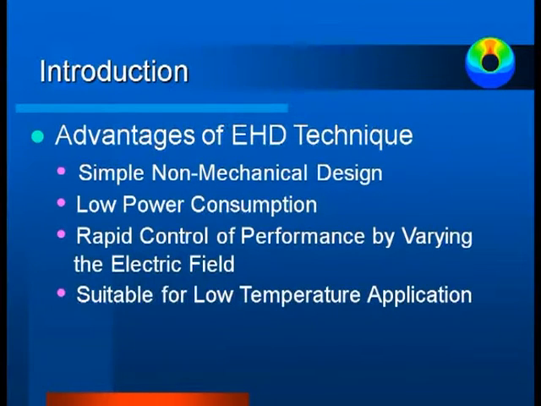And because it's all controlled by the electrical field, we can control the performance by adjusting the electrical field, so it's very easy to control. And when you apply it to drying, it is very suitable for low temperature applications. Corona is also called a low temperature plasma, because usually to create a plasma you have to apply high temperature, but in this case, it's a low temperature plasma.